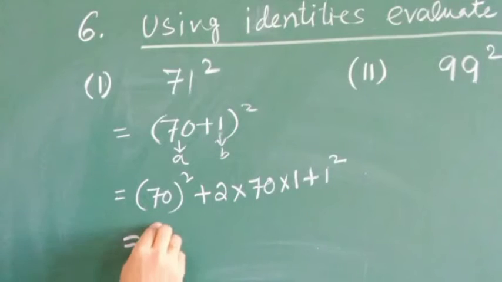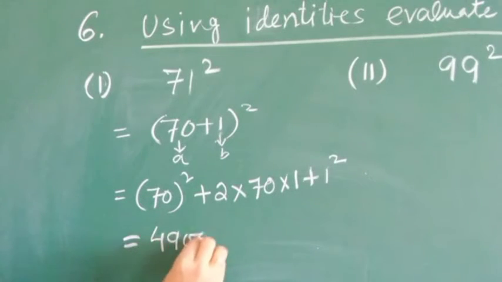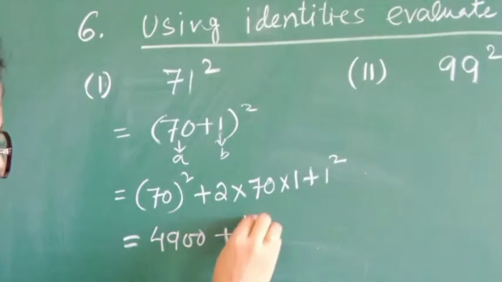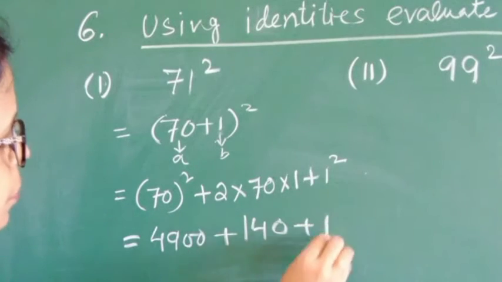70 square: 7 sevens are 49, then two zeros, so 4900, plus 140, plus 1 square, which means 1.